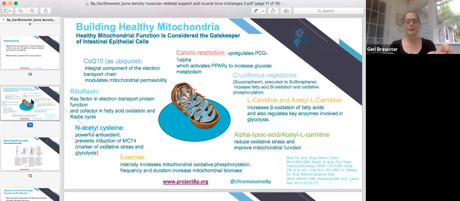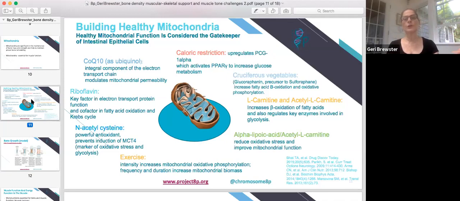This maybe looks familiar to you from last discussion, because our brain is so rich in mitochondria, our gut is so rich in mitochondria, because mitochondria are in every cell of the body, but they're really packed into these very dynamic body systems.